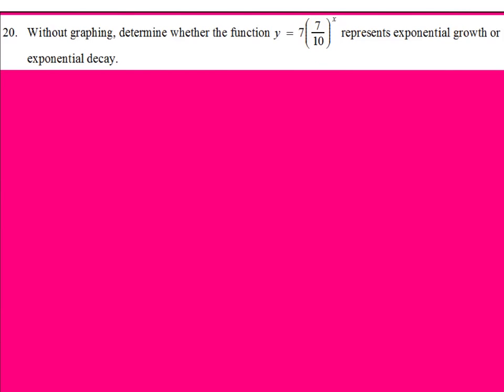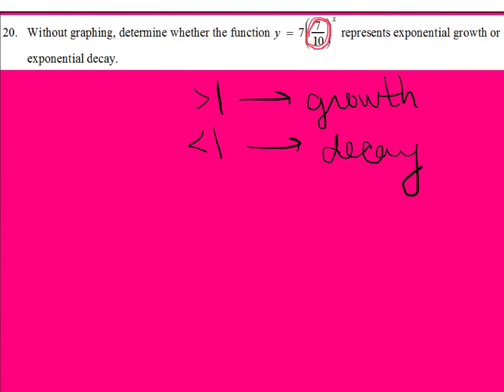And the rules are, if that number is greater than 1, I have growth. If that number is less than 1, I have decay. So in this example, I have 7/10. This number is less than 1. So I know that I have an exponential decay function. That's it.